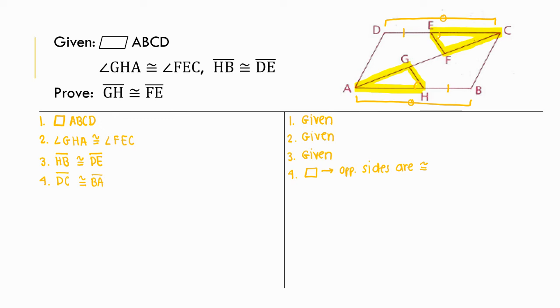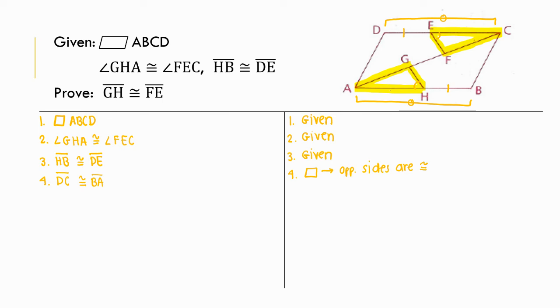Why is that helping me if I have triangles I want to prove and those sides are not a part of the triangles? Well, it kind of goes back to that third given with the segments that we marked in the picture. HB and ED are also not a part of the triangles I want to prove congruent. However, they're a part of the two big sides that I just said were congruent.